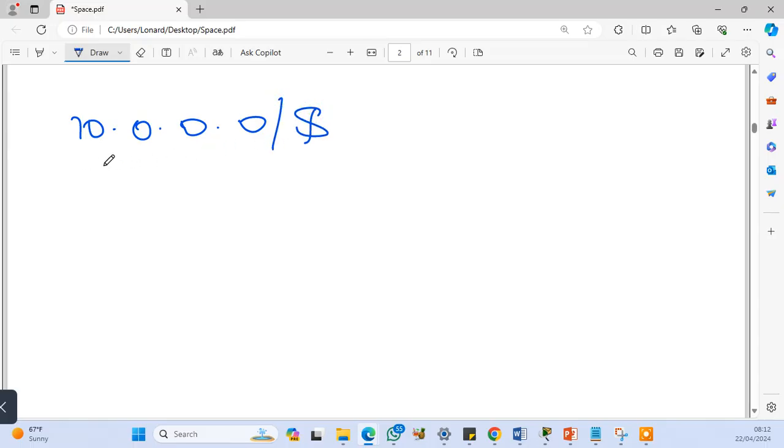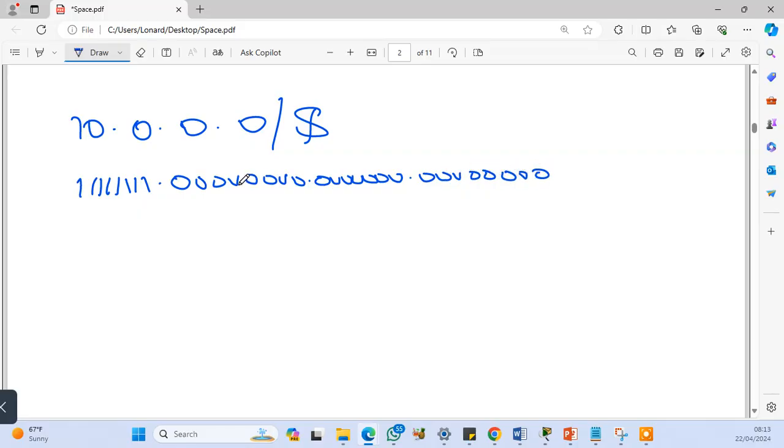So /8. With /8, it means that the subnet mask has 8 ones, 1, 2, 3, 4, 5, 6, 7, 8, and then the rest of the octets are zeros.